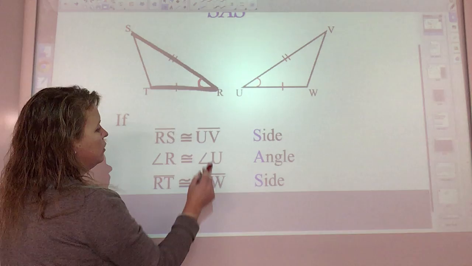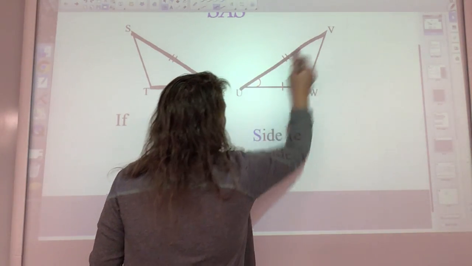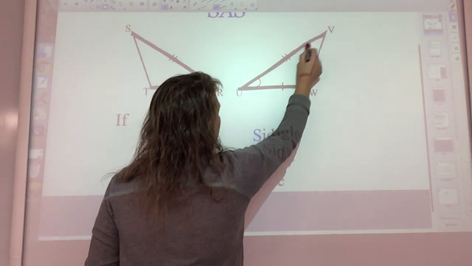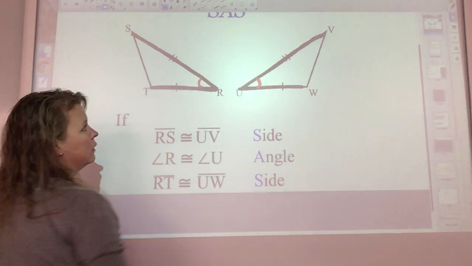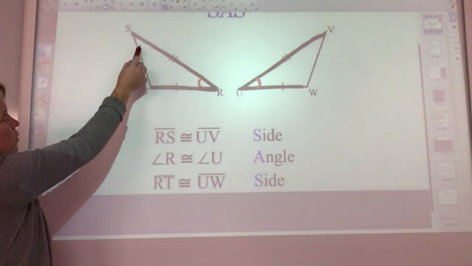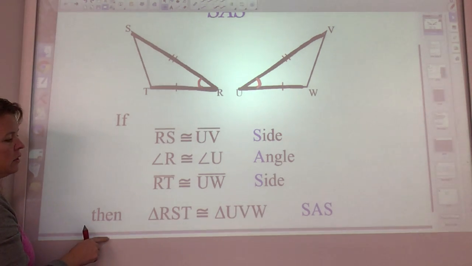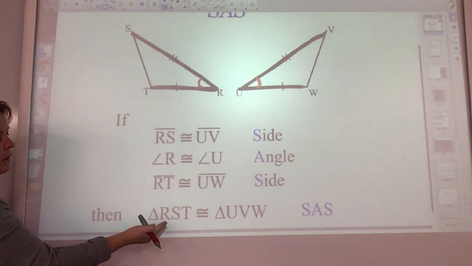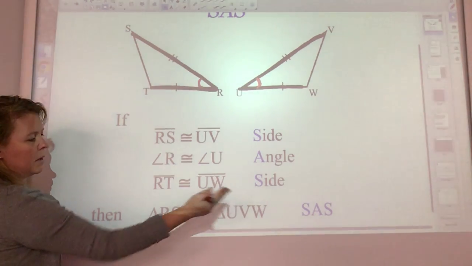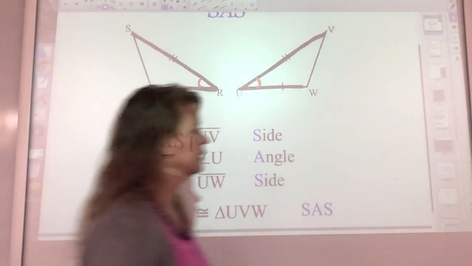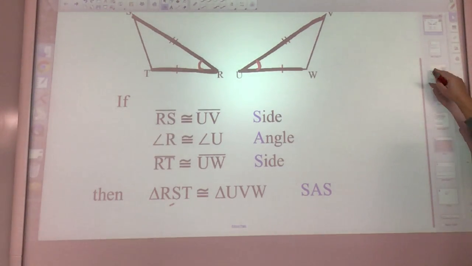If you trace side UV and side UW, they actually make the angle that we're looking for. These angles don't count. It cannot be an angle outside of the two sides. So if those three things are true, then the triangles are congruent. Careful of the order again, make sure that it's okay.